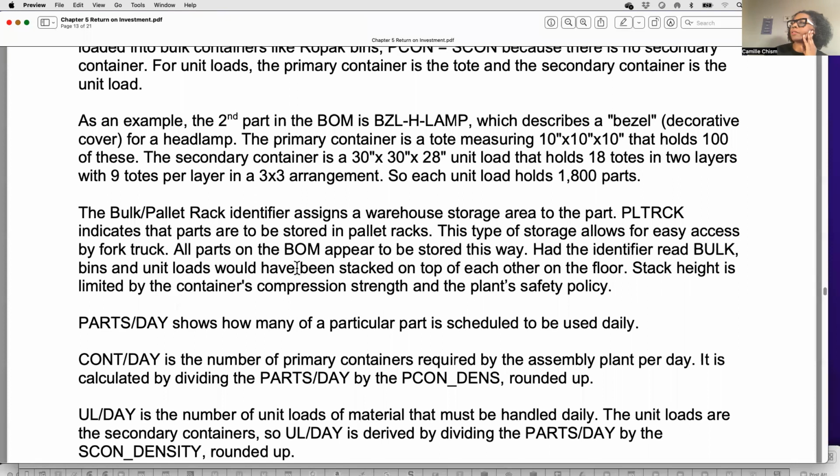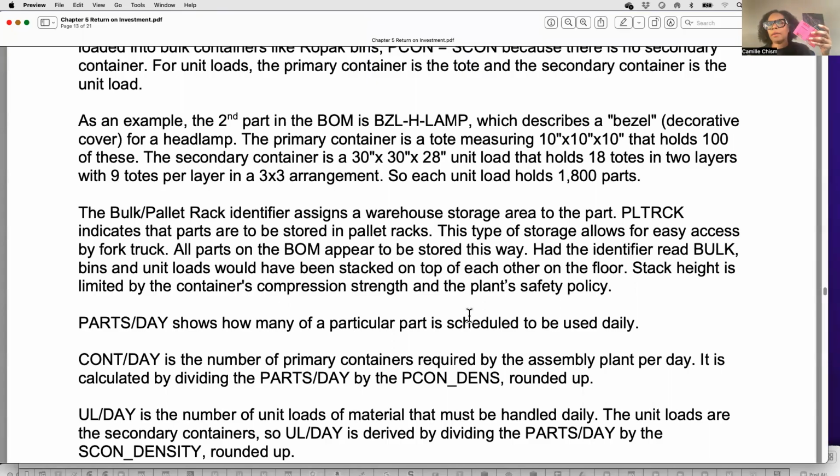Okay, so it says all the parts are showing pallet rack, which I noticed, but sometimes it might say something like bulk. That means you could find storage spaces for bulk bins there, and they might be stacked on top of each other. Instead of being on a rack, they might have space on the floor without racking because they know these can be stacked.